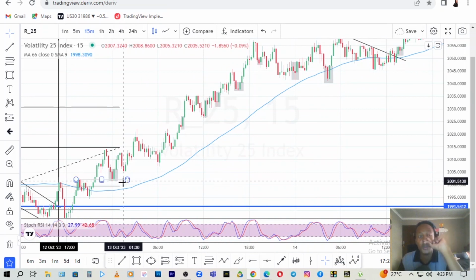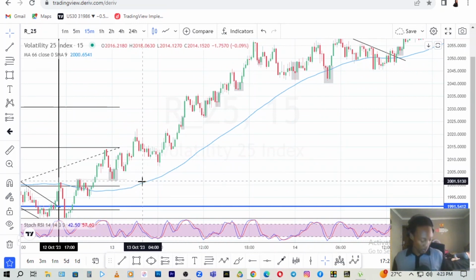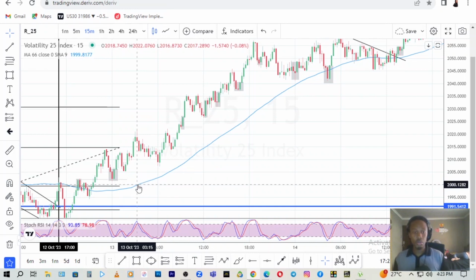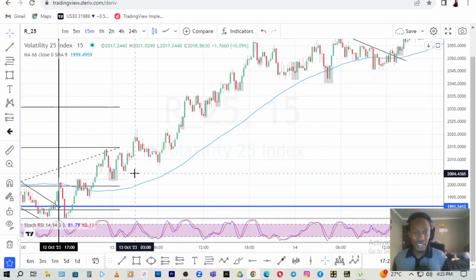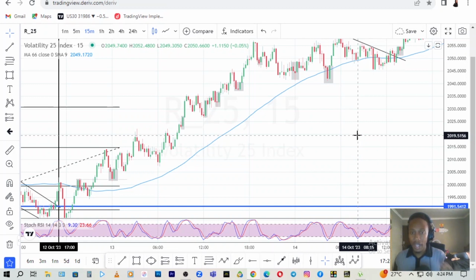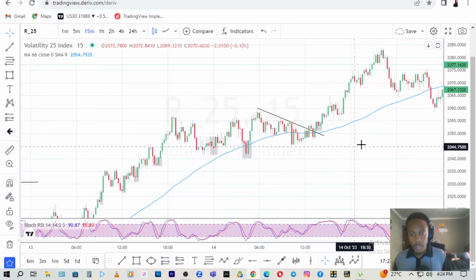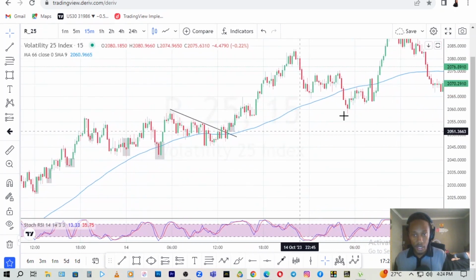So you can see how simple it actually is to scalp one synthetic index, because you build a relationship with it to an extent whereby you even see things that other traders don't see, because you've built a relationship with that particular index.